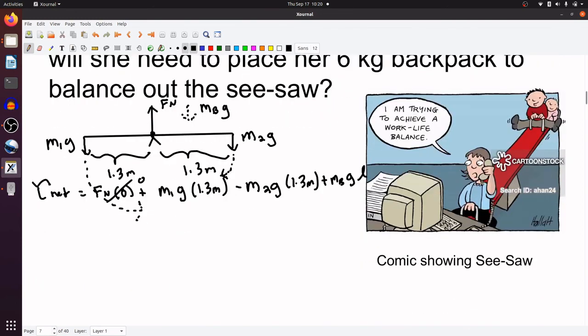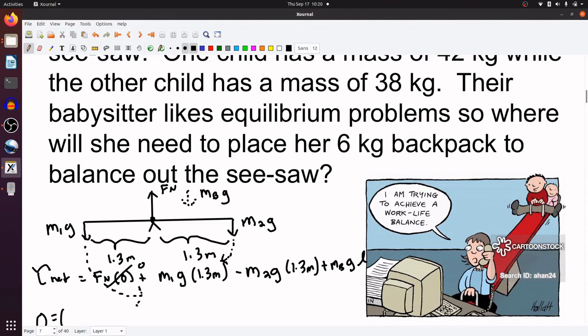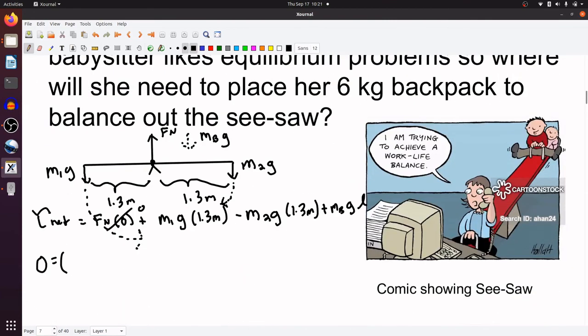All right, cleaning this up a bit, that's going to give me 0, because remember the net torque is 0. M1G. Doesn't matter who I call M1, but I'm going to start with the 42 times 9.8 meters per second squared times 1.3 meters, minus M2, which was a 38 kilogram child.